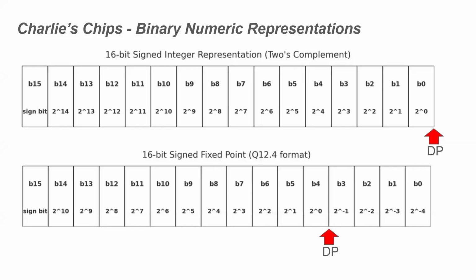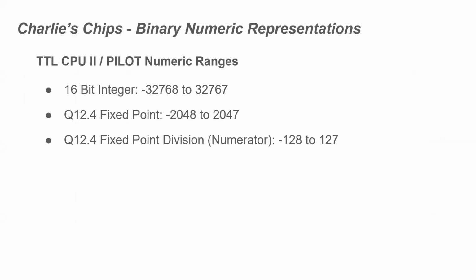So let's go on. Since we have these different representations, we have different numeric ranges for each of the numeric types. For a 16-bit integer, the range is minus 32,768 to positive 32,767. For our fixed point numbers, the numeric range is minus 2048 to plus 2047.